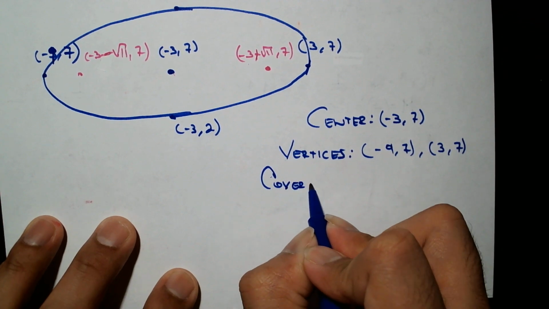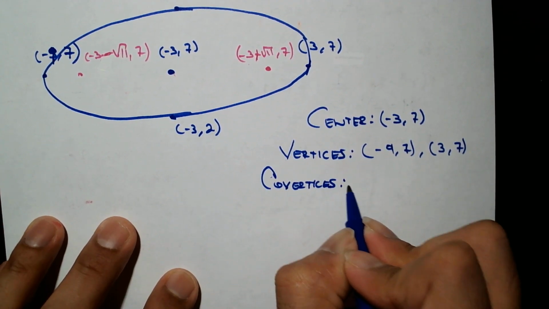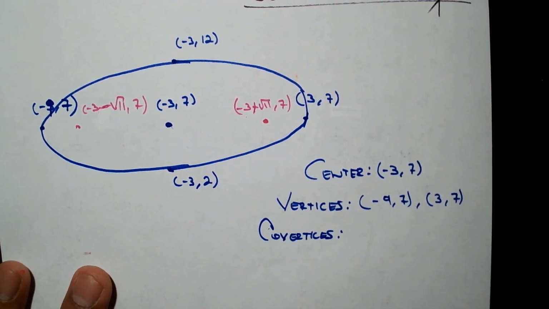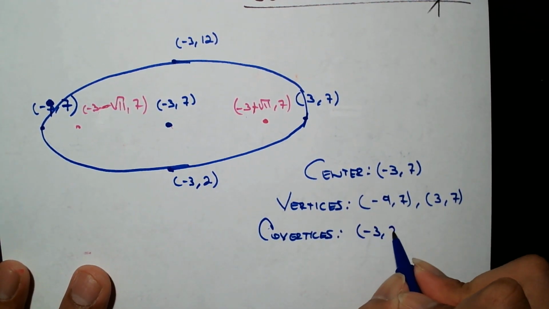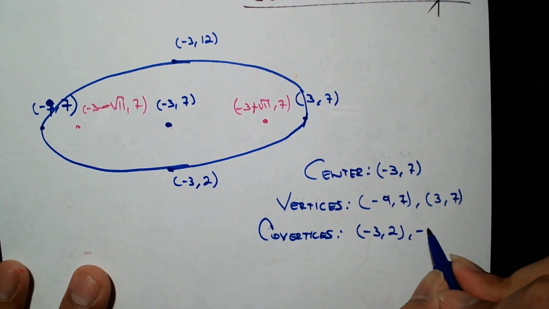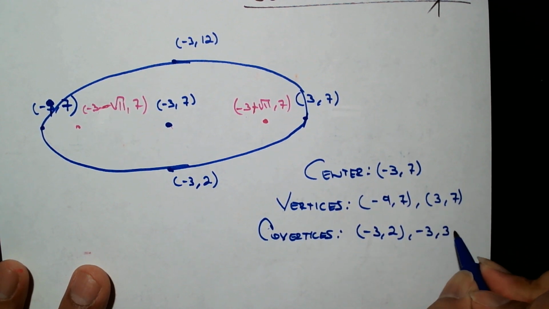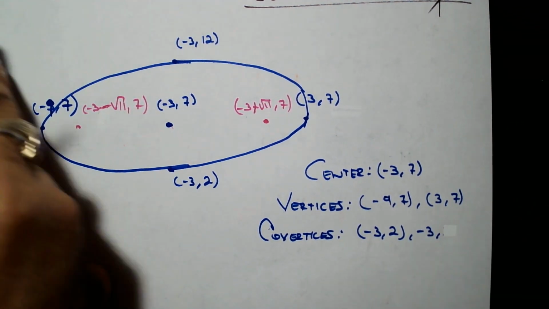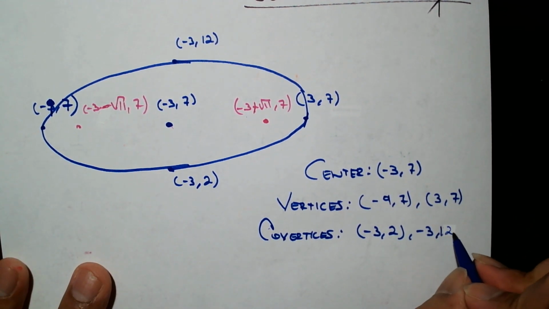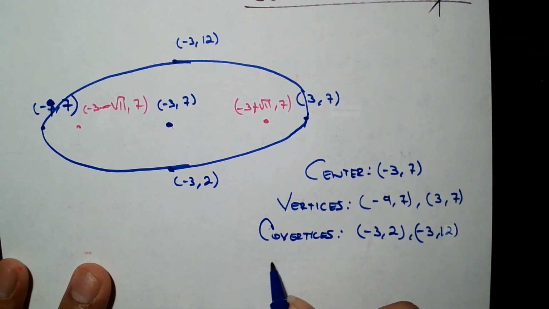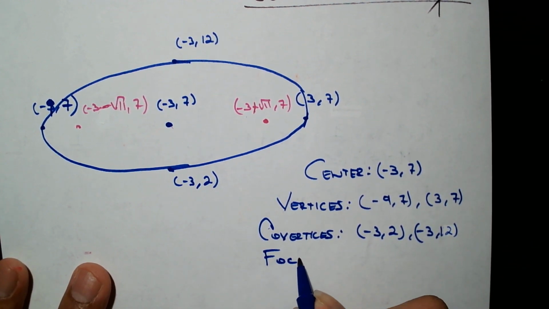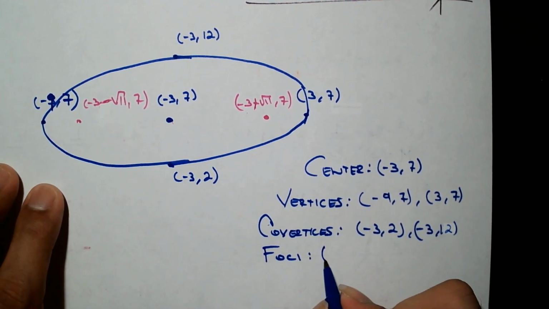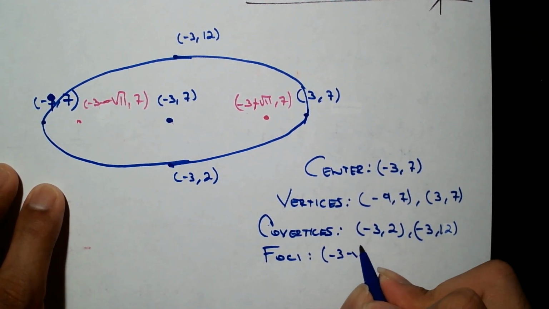Co-vertices, negative 3 comma 2, negative 3 comma 12. And foci. For the foci, we have these ugly looking ordered pairs. Negative 3 minus the square root of 11.